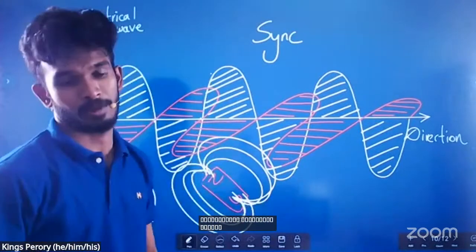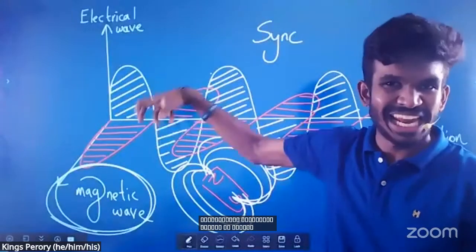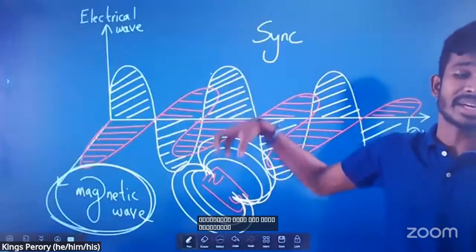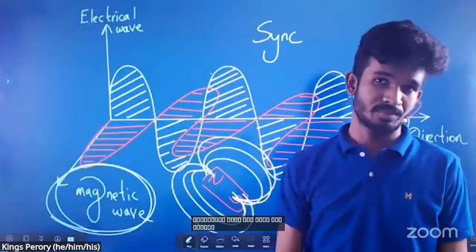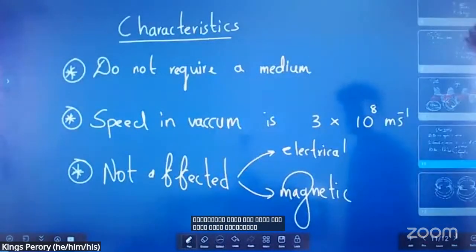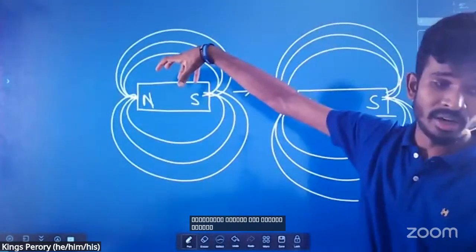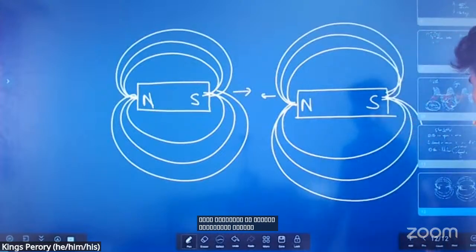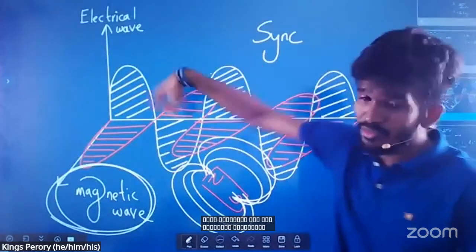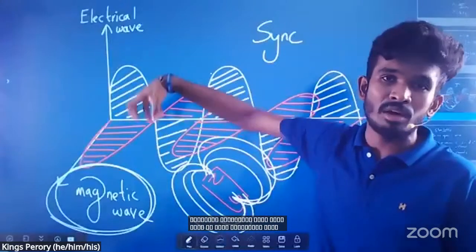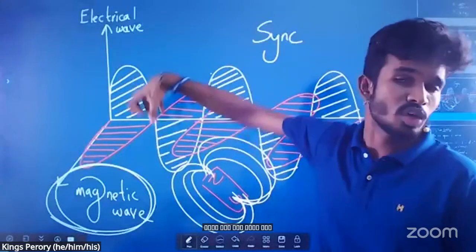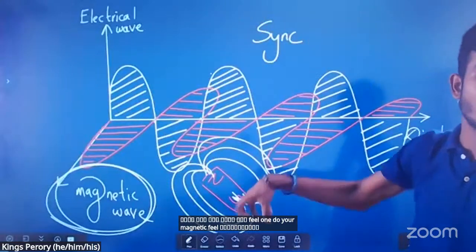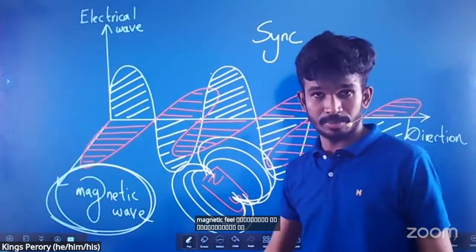No. The magnetic field in an electromagnetic wave is not affected by an external magnetic field. Usually, if two magnetic fields are brought closer, one will affect the other. But in an electromagnetic wave, even though you have a magnetic field, it is not affected by an external magnetic field.